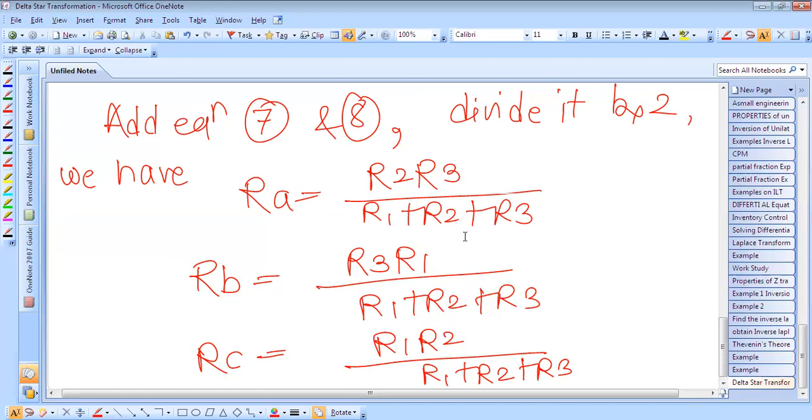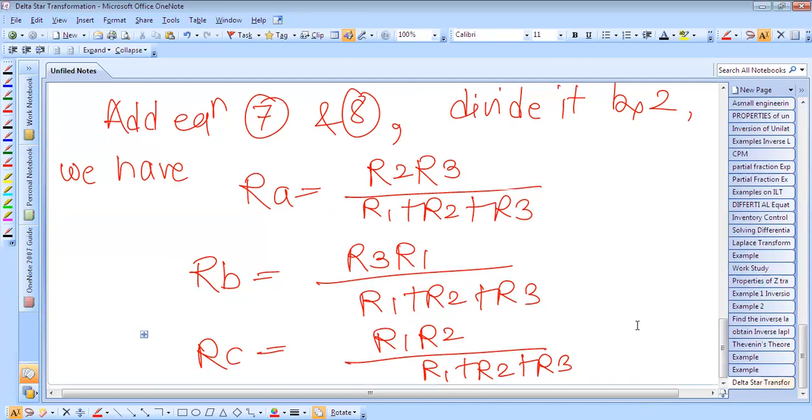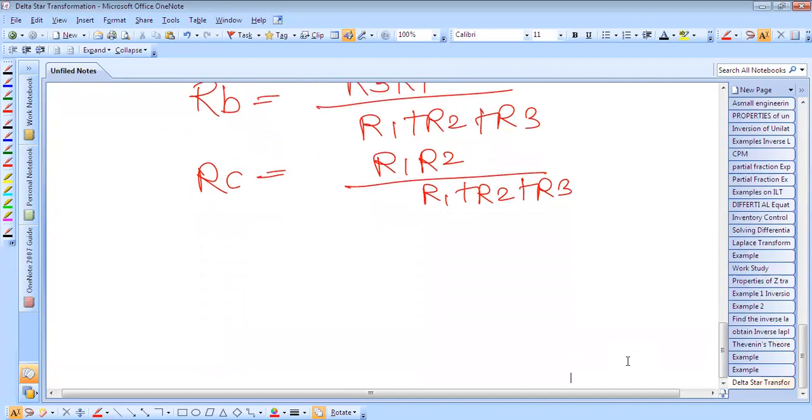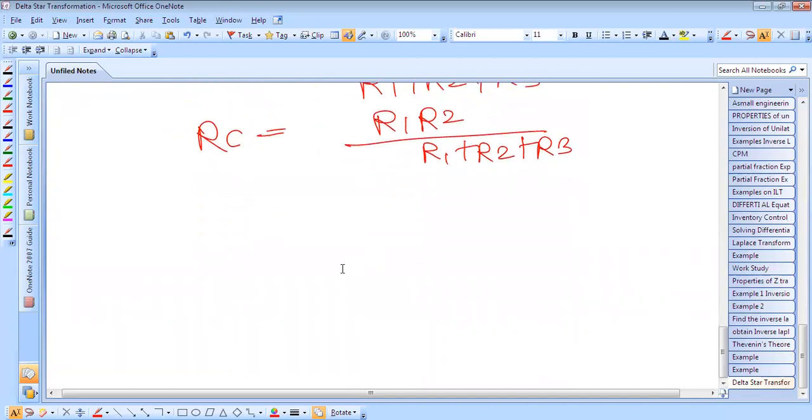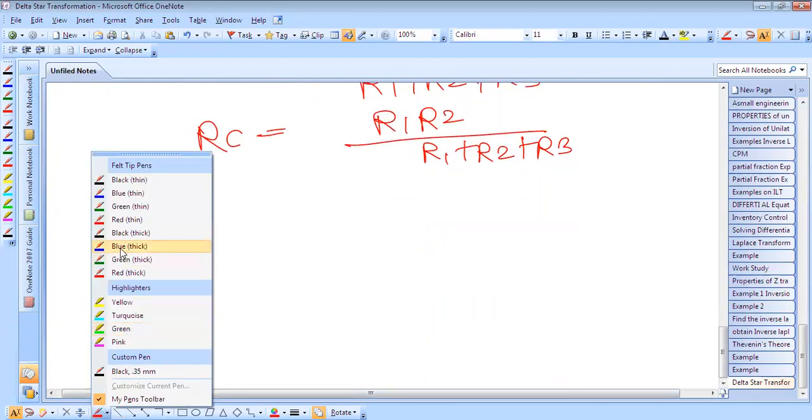In this way, we have calculated the delta to star transformation. Now we'll see the star to delta transformation.